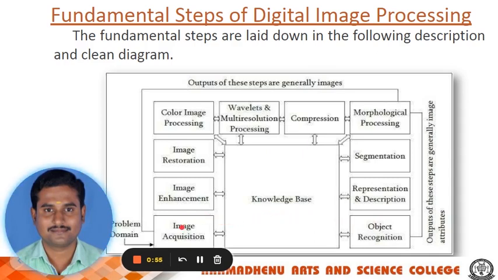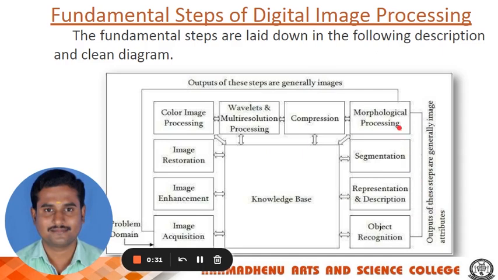When we observe here, starting from image acquisition to morphological processing, the outputs of these steps are generally in the form of images. Whereas from morphological processing to object recognition, the outputs of these steps are generally image attributes.